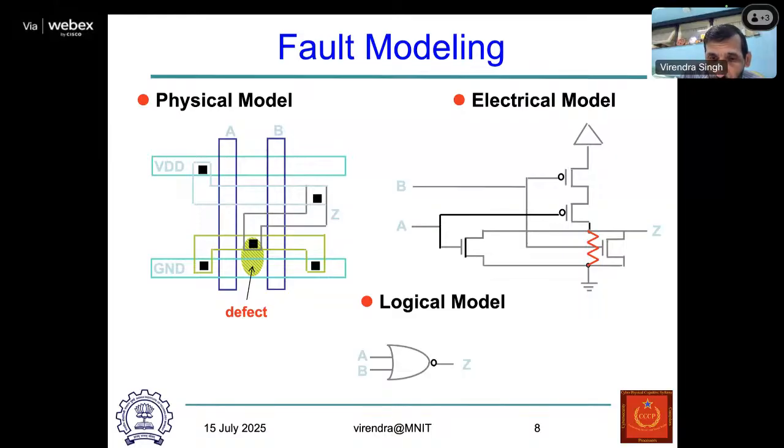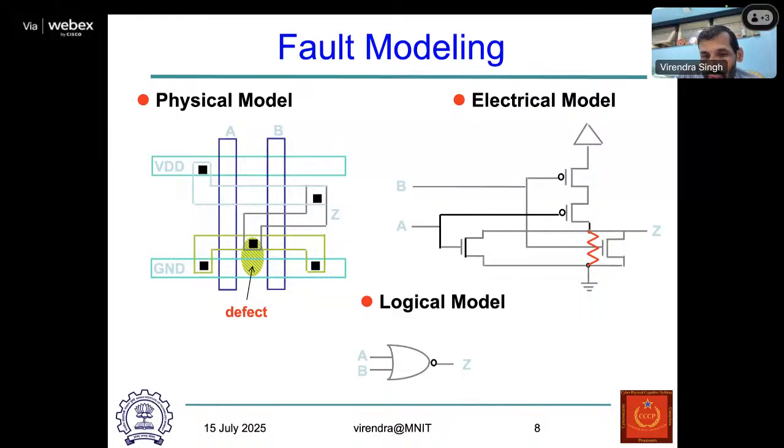Because of that, the potential at node Z remains always ground potential, or close to ground potential, and hence it infers always a logical zero. Therefore, during the operation, this will keep on seeing the value 0 at Z. So that fault I can call stuck at logic 0, because Z cannot change its value from 0.